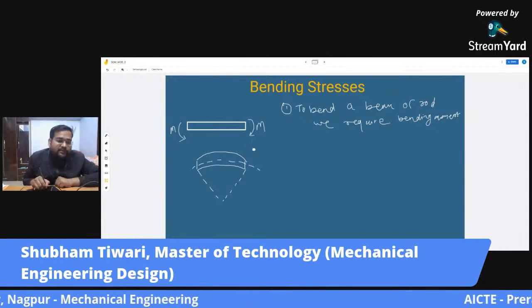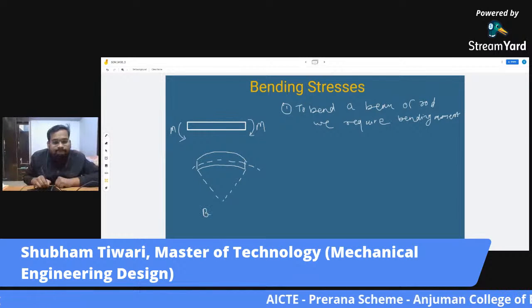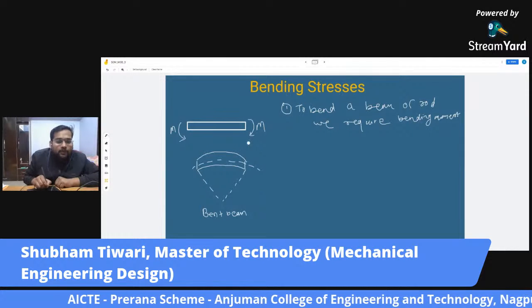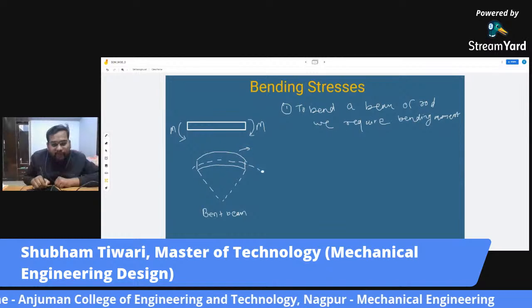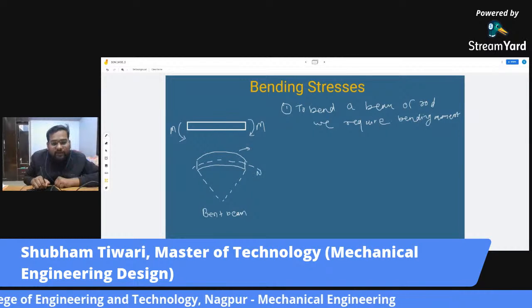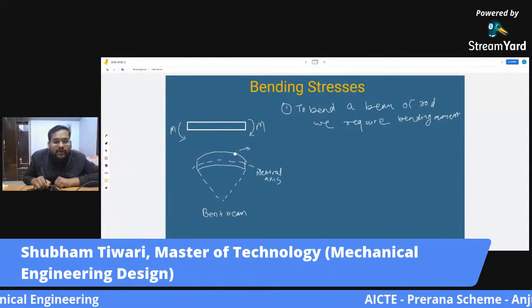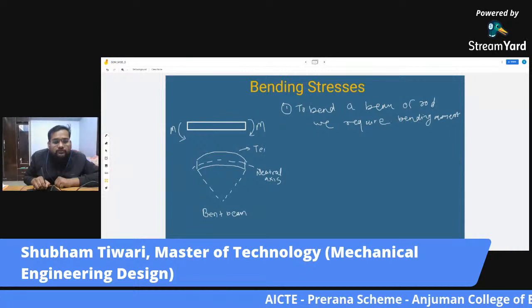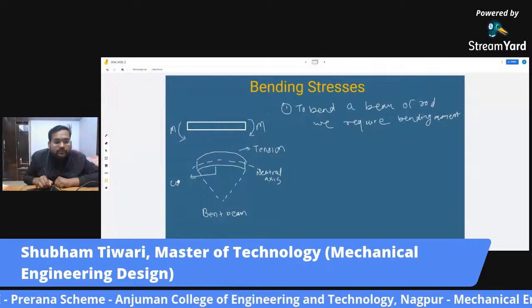If you pay close attention to this bent beam, you will see that this portion, the top fibers which are above this axis, also known as the neutral axis, is under tension, whereas this portion is in compression.